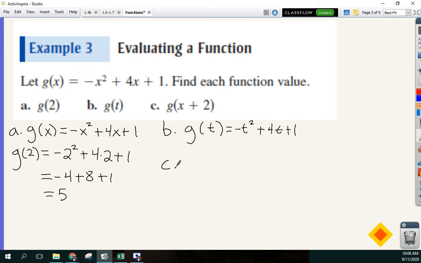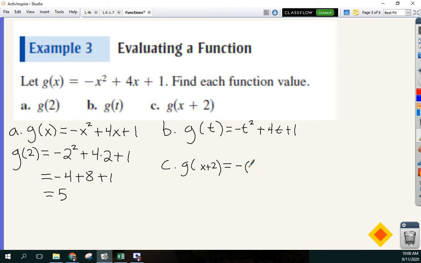So then moving on, my last expression that I want to evaluate is g of x plus 2. So notice this time I have both a variable and a number, which means that I have to plug this x plus 2 into anywhere that I see an x. We can kind of think of it like copying and pasting. I don't want an x there anymore. I want to paste the x plus 2 over it and replace it.